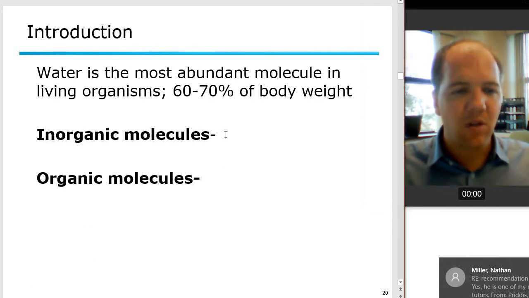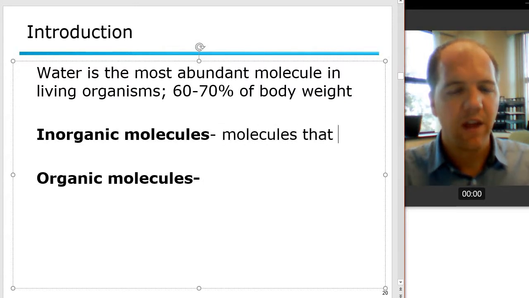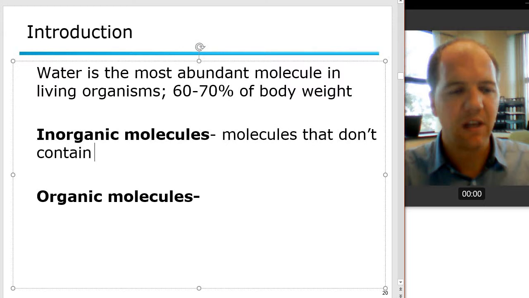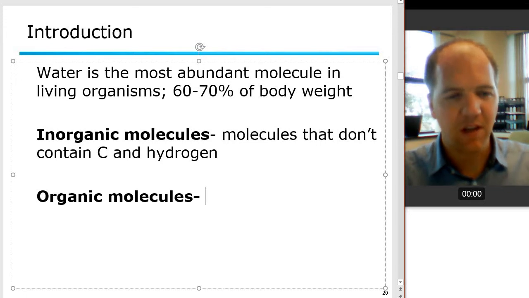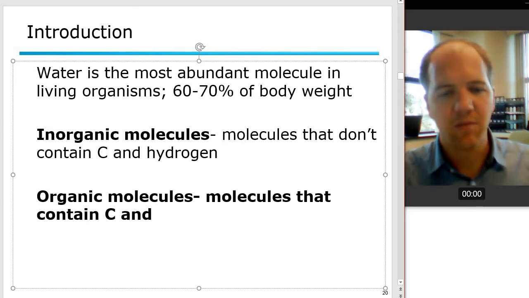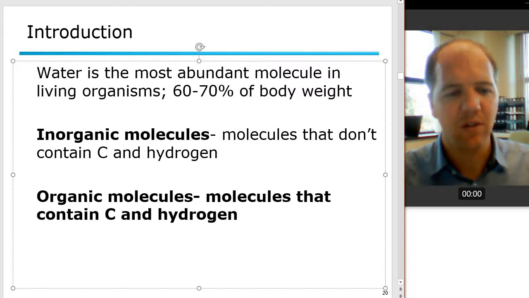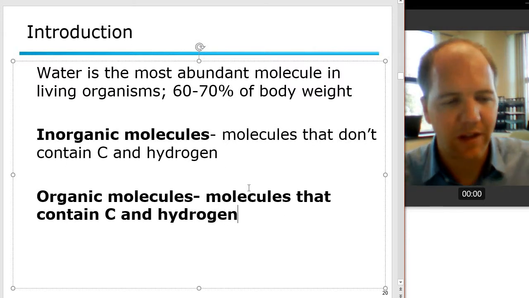Inorganic molecules are molecules that don't contain carbon and hydrogen, and organic molecules are the opposite. They are molecules that contain carbon, and that carbon has to be bonded to at least one hydrogen. That's what makes an organic molecule an organic molecule. It has carbon and hydrogen.